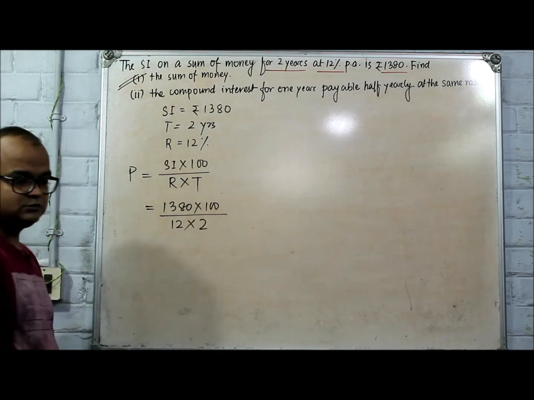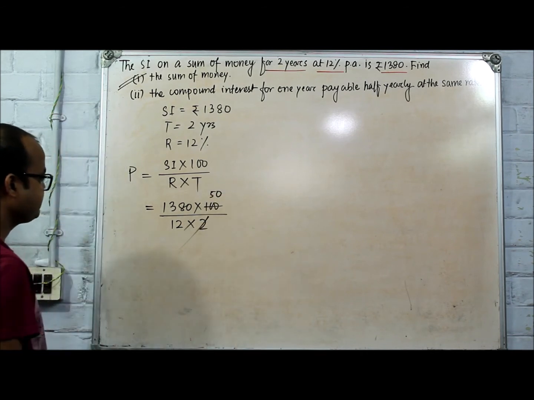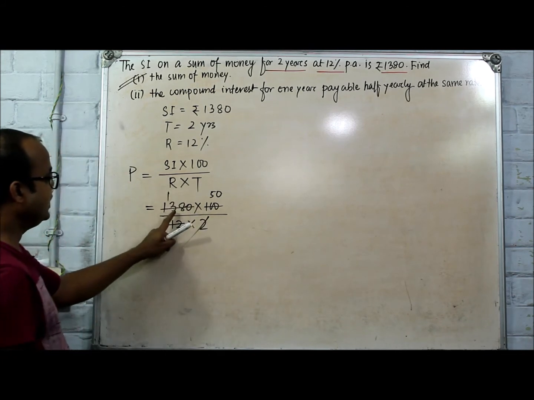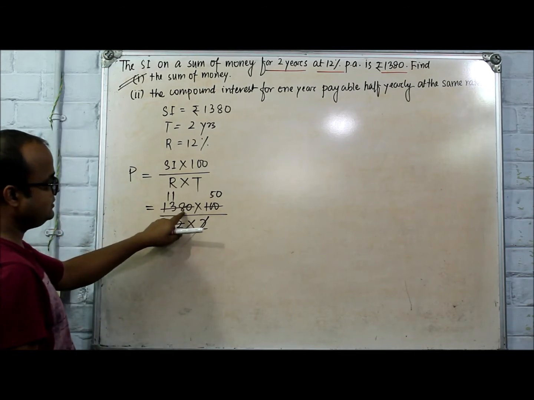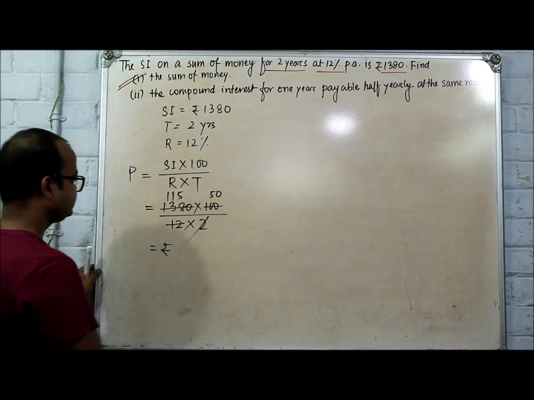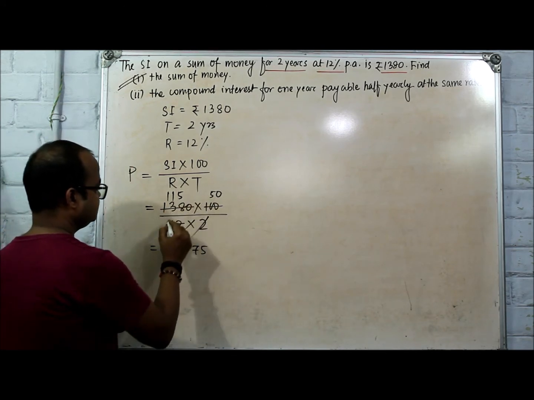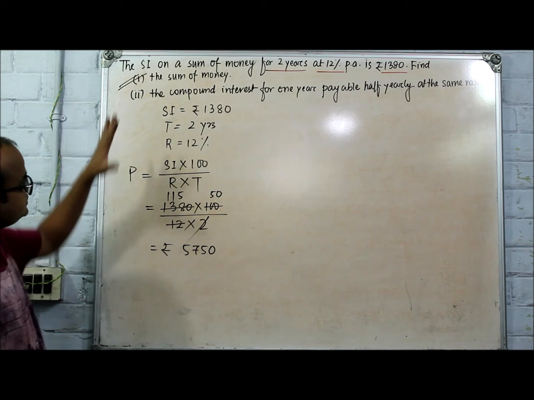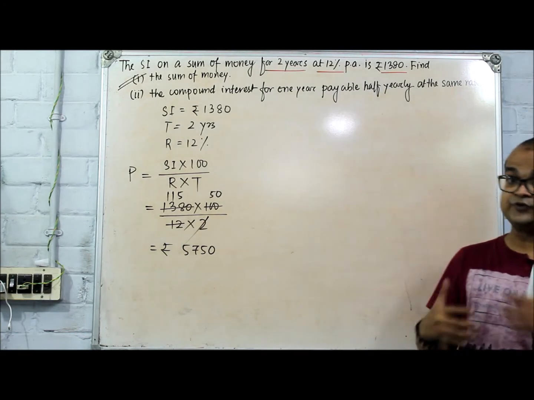So we'll cancel this one. 12, if I cancel with 12, 12 1s are 12, 12 8s are 96, 138 minus 96, 42... So P is equal to 5750.